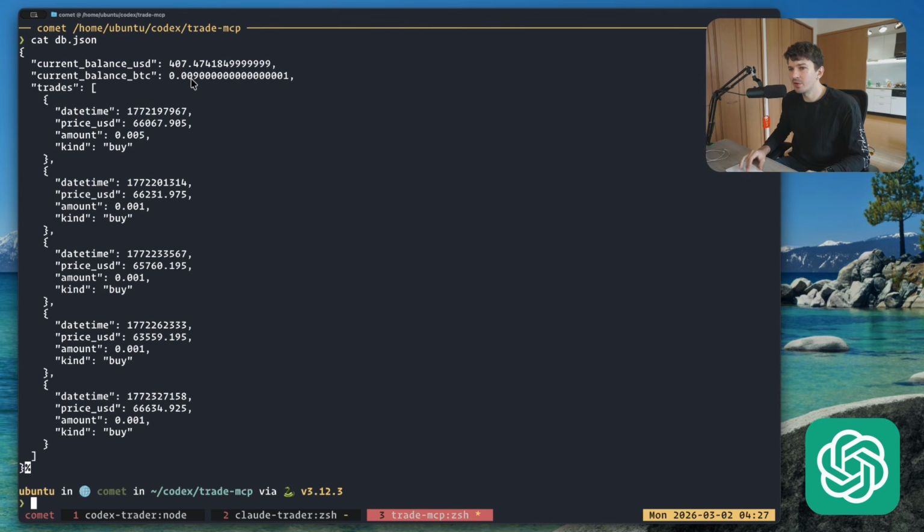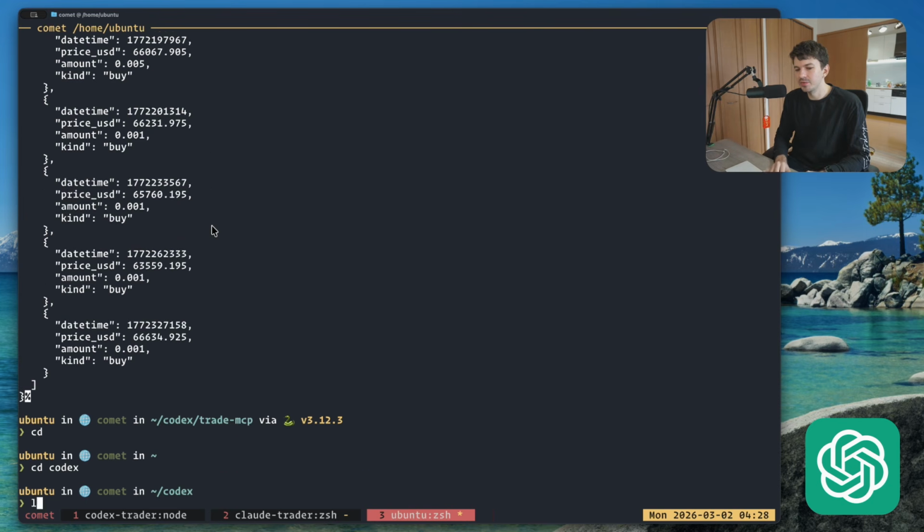The current balance is 0.009. That is currently $600. And if we add that 602 to 407, we are at $1,009. So it's a bit different from Claude, right? Claude is trying to do more active trades, whereas Codex seems to be just buying Bitcoin.